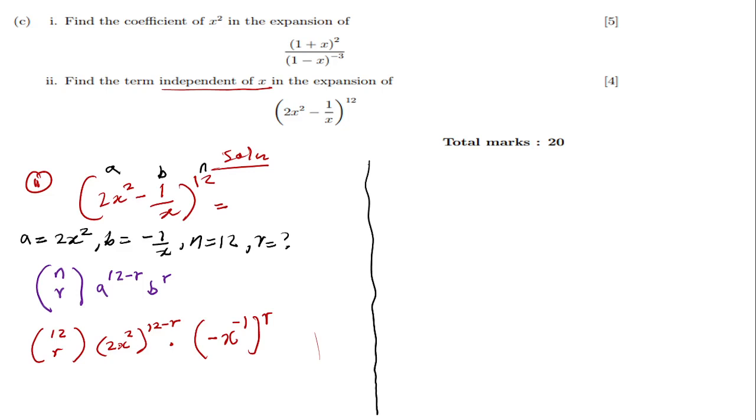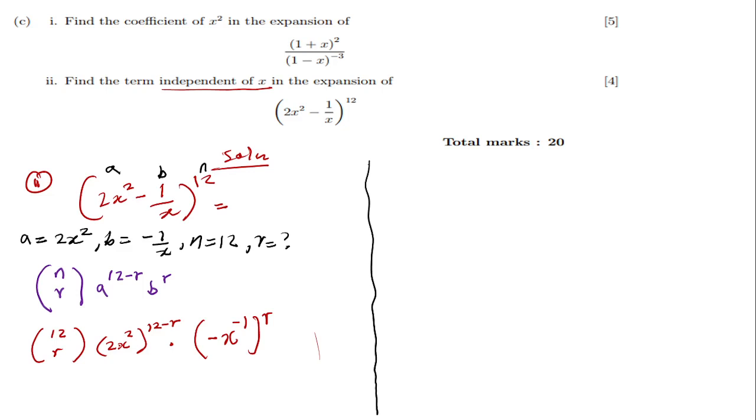So when you get those, what you are now going to say is as follows. Let me quickly change my color. You're just going to get x squared, brackets 12 minus r, dot x to the power -1, and then to the power r, is equal to what I told you, x to the power 0.